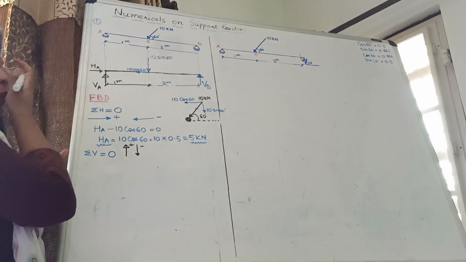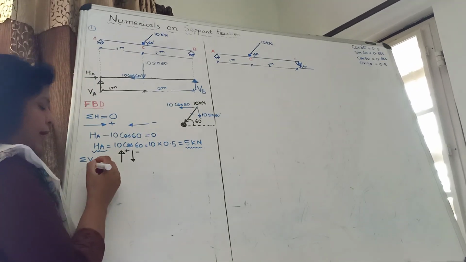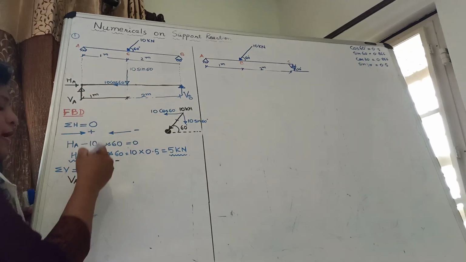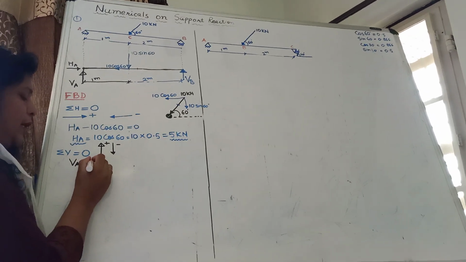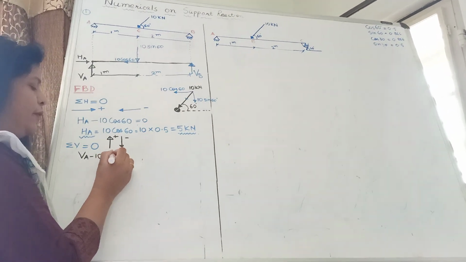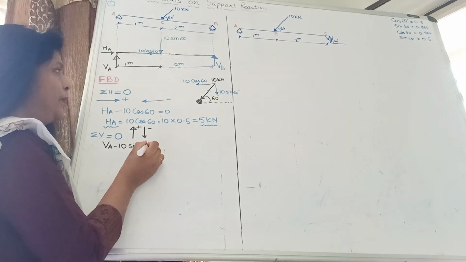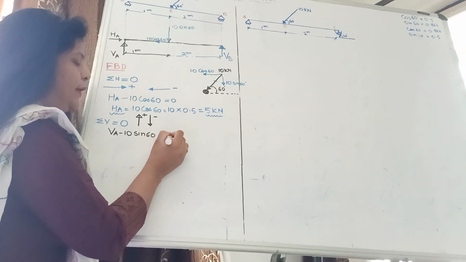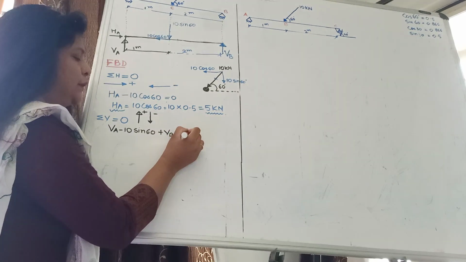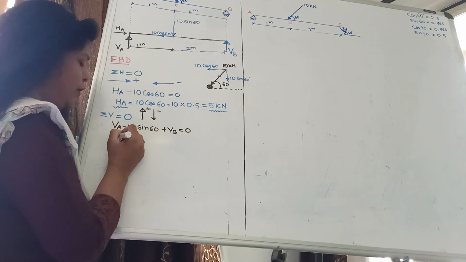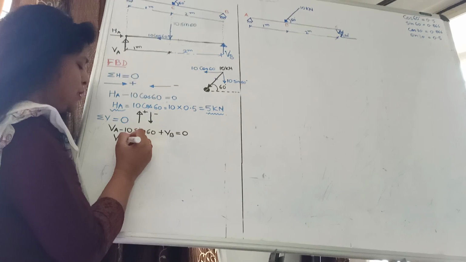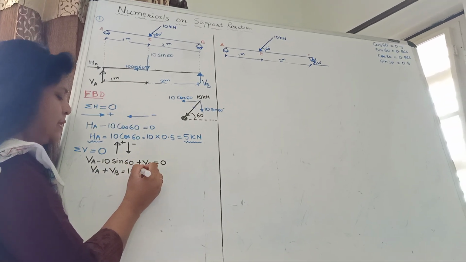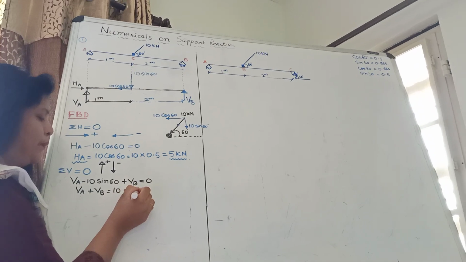Okay, so VA is in the upward direction, positive, 10 sin 60 in the downward direction, negative, and VB in the upward direction, positive, that is equal to 0. So we get VA plus VB is equal to 10 sin 60.